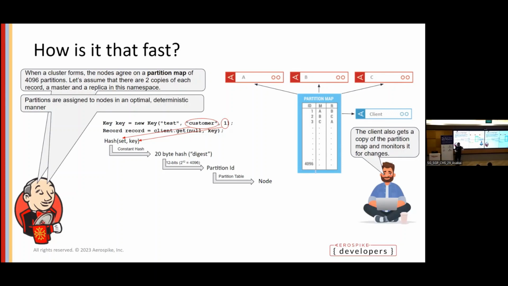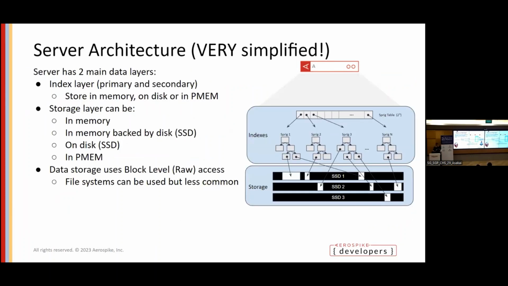So it picks the partition ID from those 12 bits and identifies to which node it has to write the data. So it doesn't always write to the first node, and the first node doesn't decide on which node the data has to go. The client knows which node the data has to be written to. Right, so it's an active kind of cluster rather than a master slave kind of scenario.